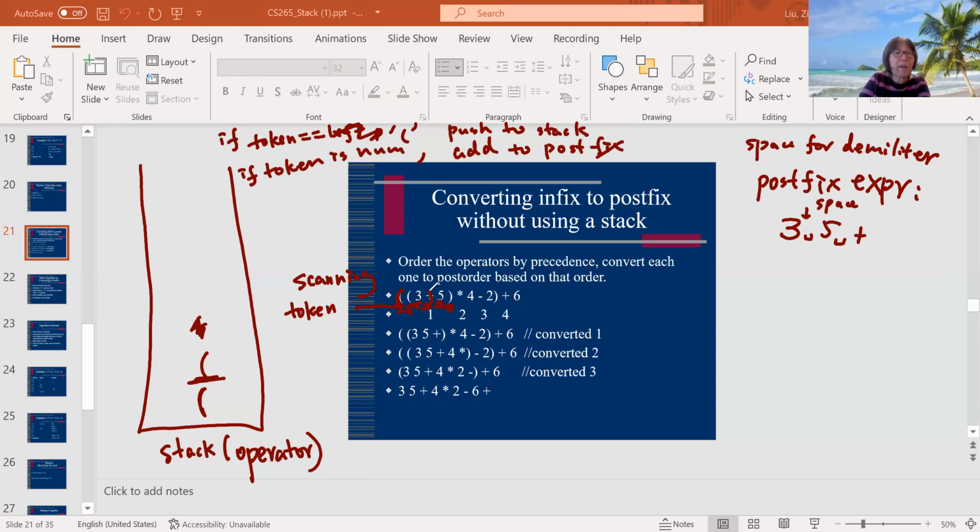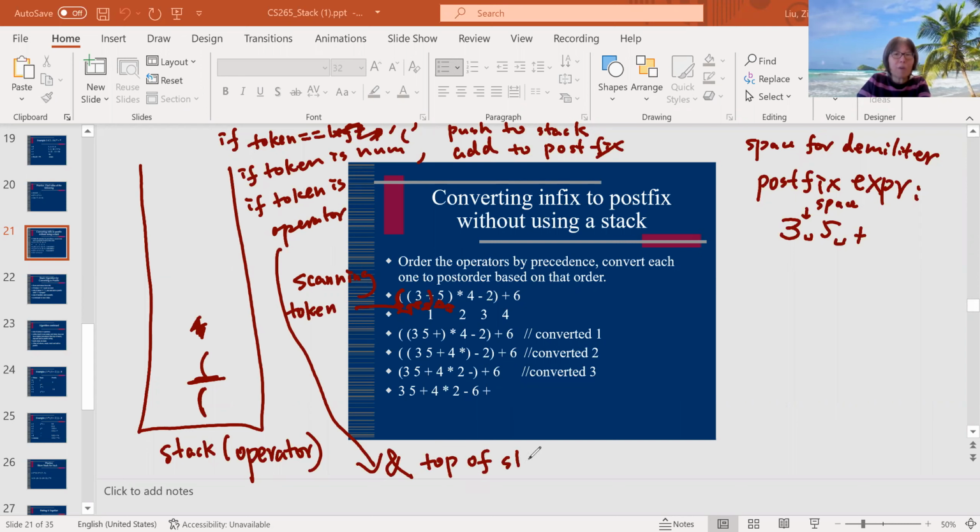Is it an operator? And if the top of the stack is a left parenthesis, then you just push the operator to the stack.